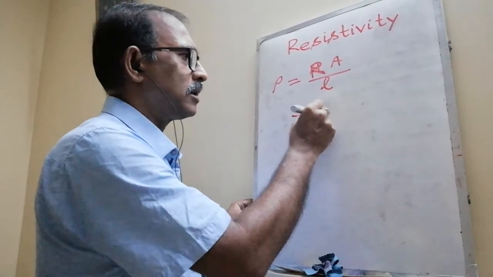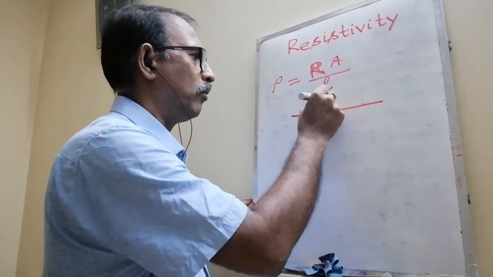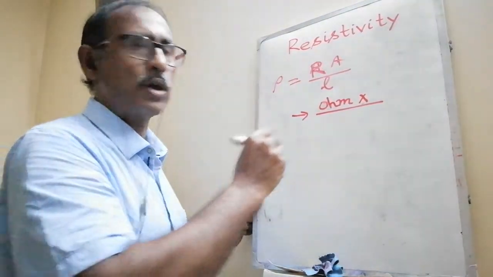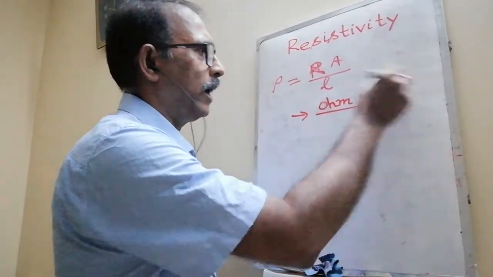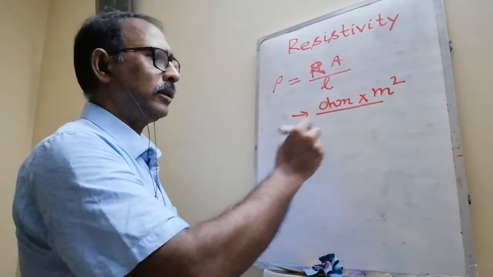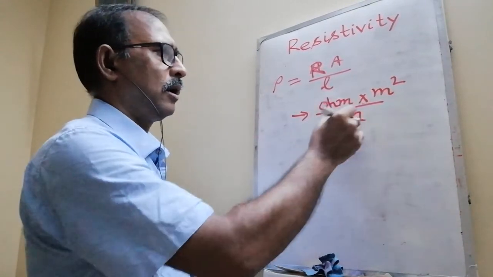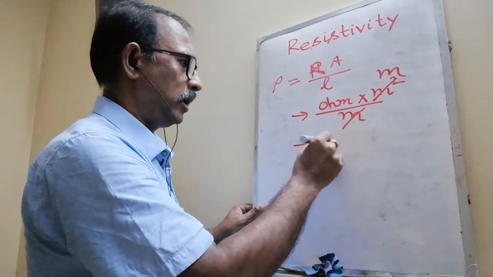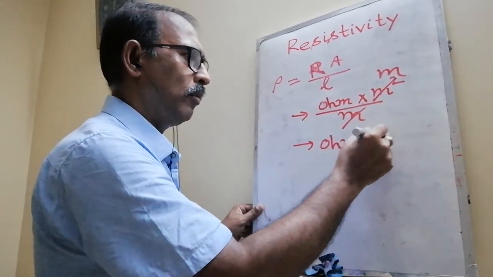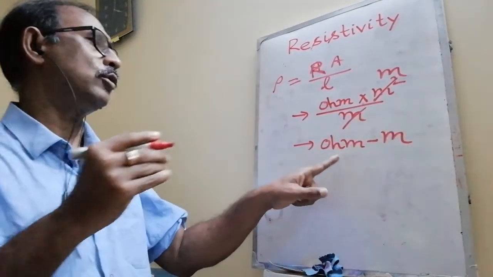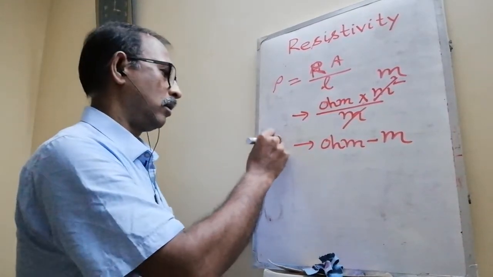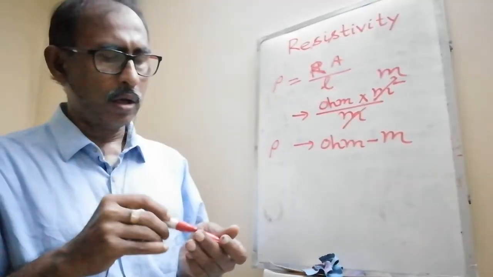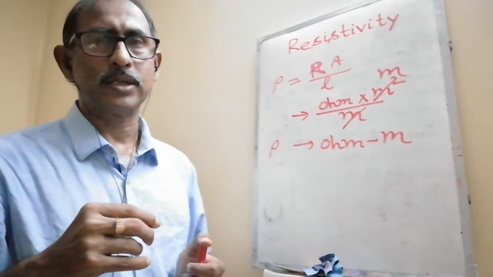Unit of resistance is ohm, unit of cross section is meter square, unit of length is meter. With cancellation, the unit is ohm meter. This is the SI unit of resistivity or specific resistance.